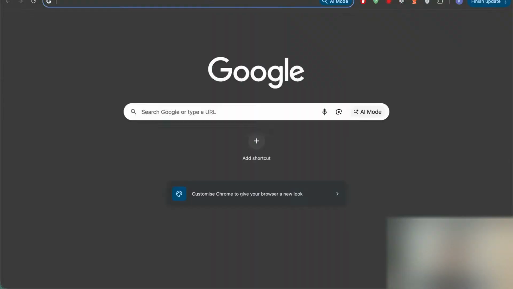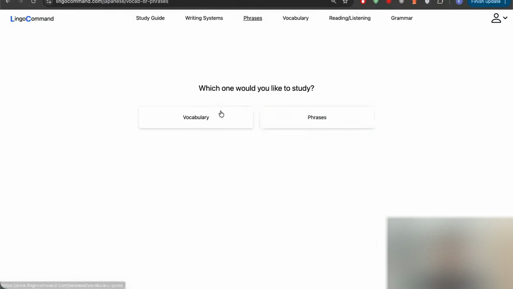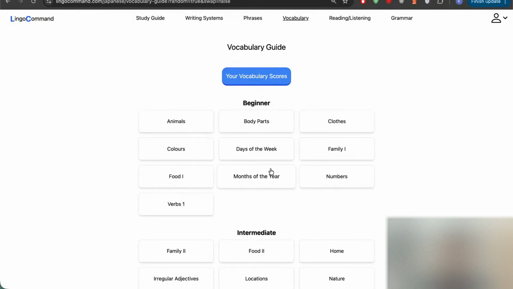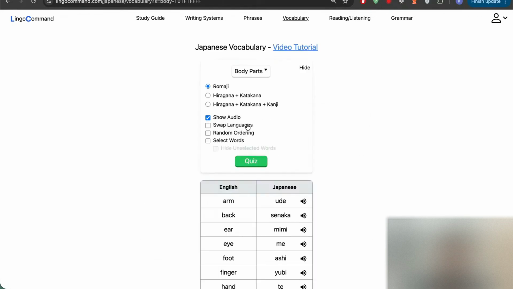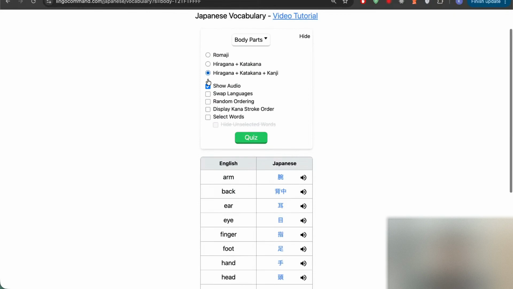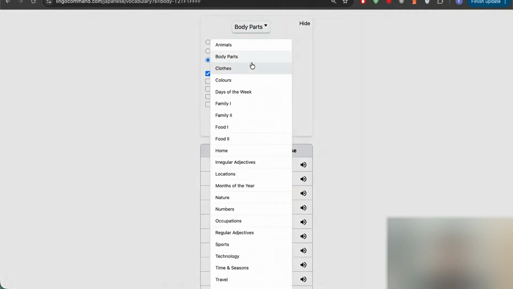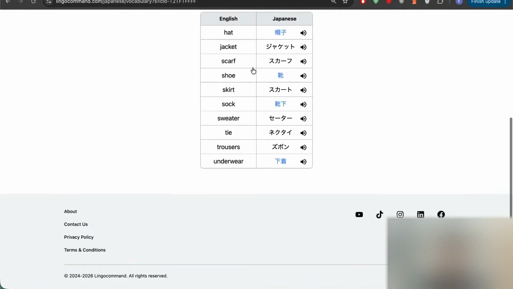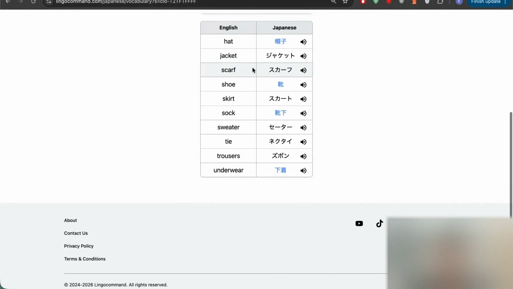Now actually a new feature has been added, and it's kind of relevant in this case. So we're doing body parts, and I'm just opening this in a new tab. Let's select hiragana, katakana, and kanji. And we were in the clothes section. If we take a look, yeah, so we were looking at underwear.